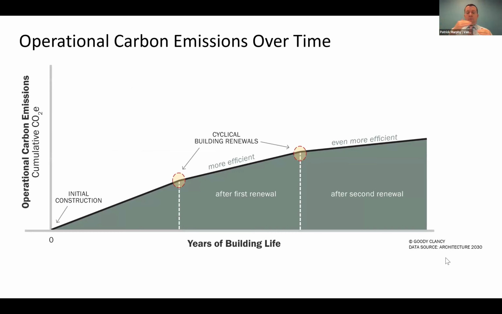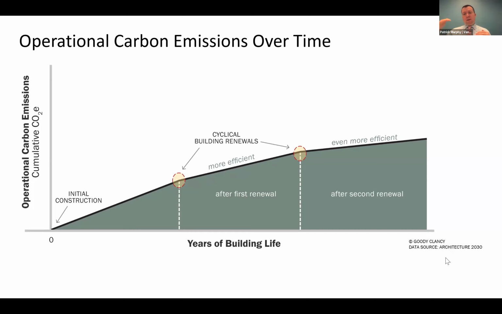And so from the initial construction, you have however many emissions you have each year, and you basically add a similar amount year over year. At some point during the life of the building, there's a natural renewal cycle to upgrade or replace equipment that's at the end of its life, or you go through a larger renovation. And those, in theory, should be making the building more efficient.